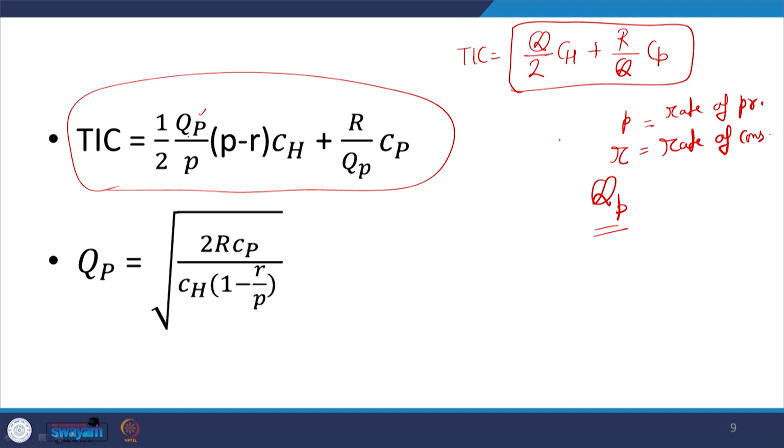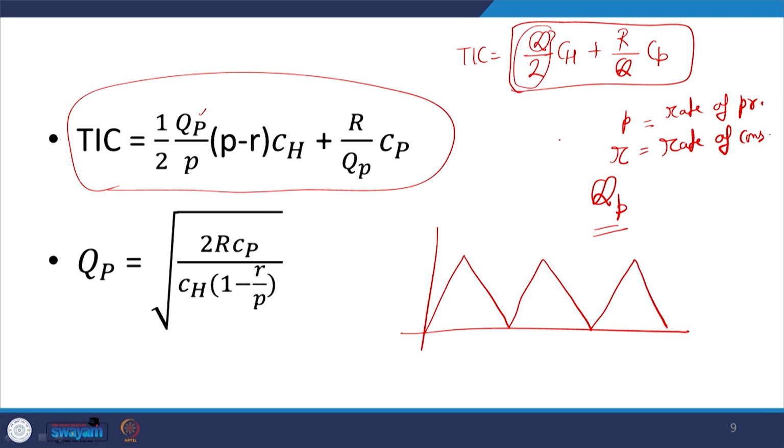So, this QP by 2 is the average value of the level of inventory, because you see our curve is slightly triangular now. There is a slope available here.